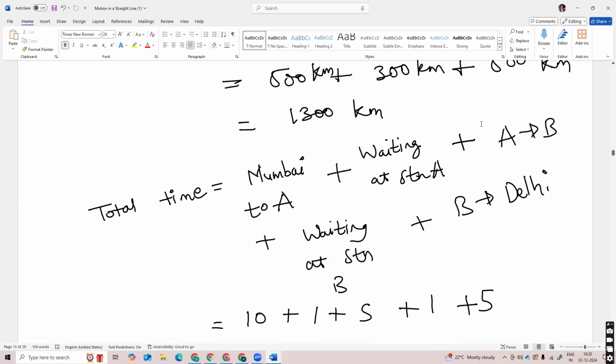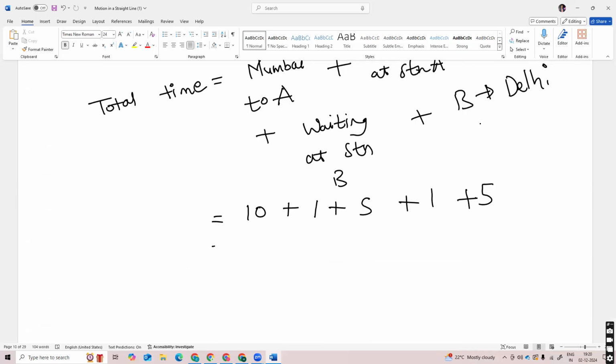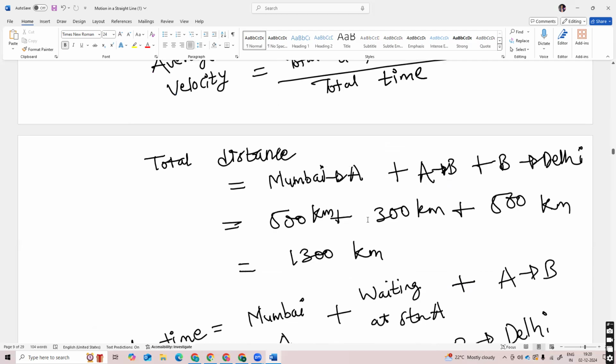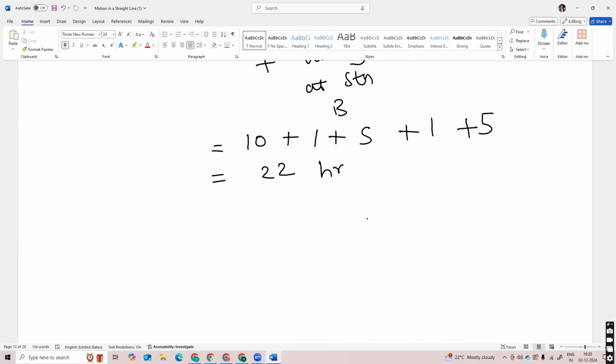So total time taken by the train to reach from Mumbai to Delhi was 10 plus 1 plus 5, like 16 plus 1, 17 plus 5, 22 hours. And total distance between Mumbai and Delhi was 1300 kilometers. So therefore, the average speed can be given as total distance, 1300 kilometers, divided by total time, 22 hours.